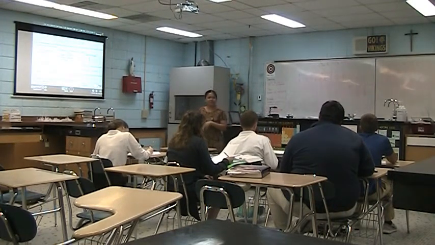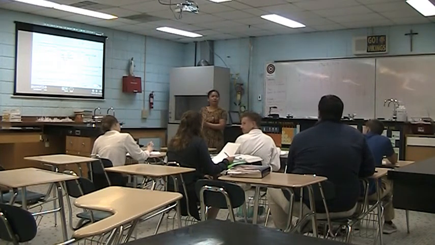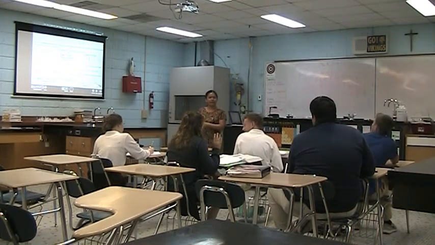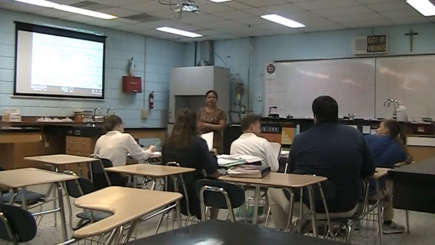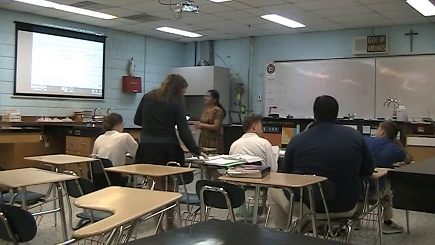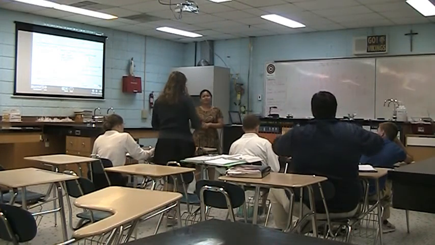Two more. I'll do CH3OCH3. Who will do CH3OCH3? Leanne. You just put a C and a C and an O in the middle and then 3 H's around the C's.